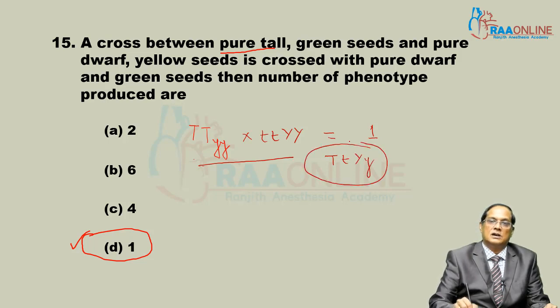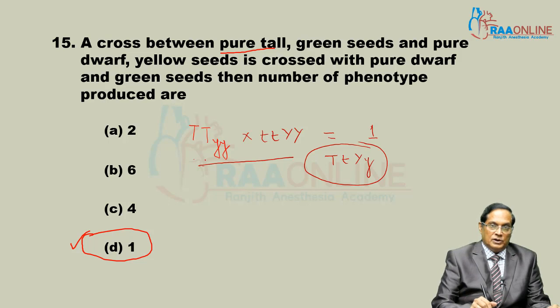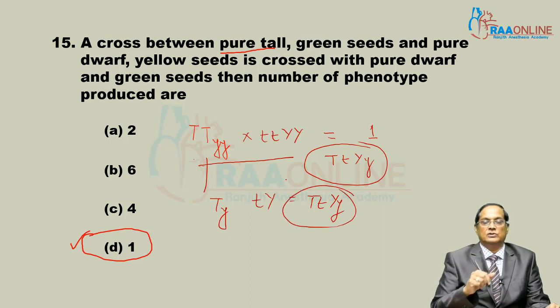All the plants are of this particular type, because if you take the gamete of this plant and the gamete of that plant, you will get only one type of plant, they all have this genotype. Hence the answer is 1.